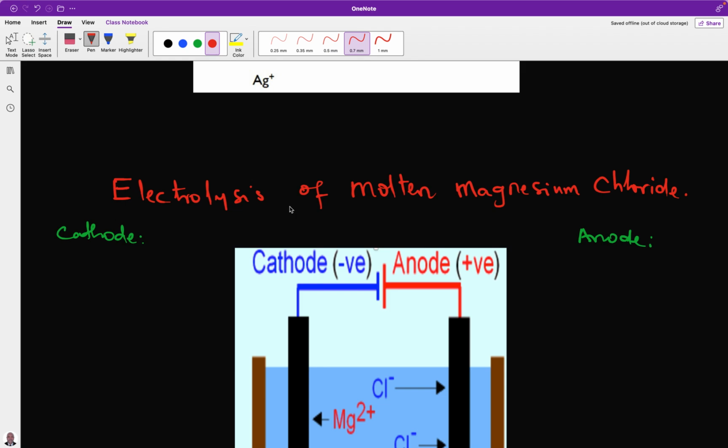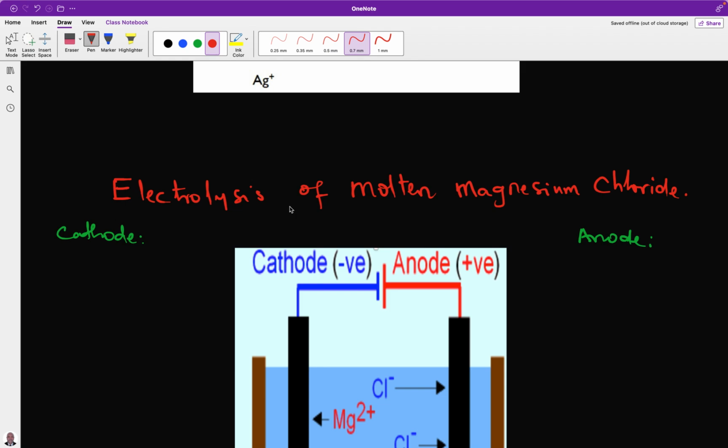If it is molten, no water is involved. But if it is aqueous, if it is dilute, water is involved. So in this situation, no water is involved.